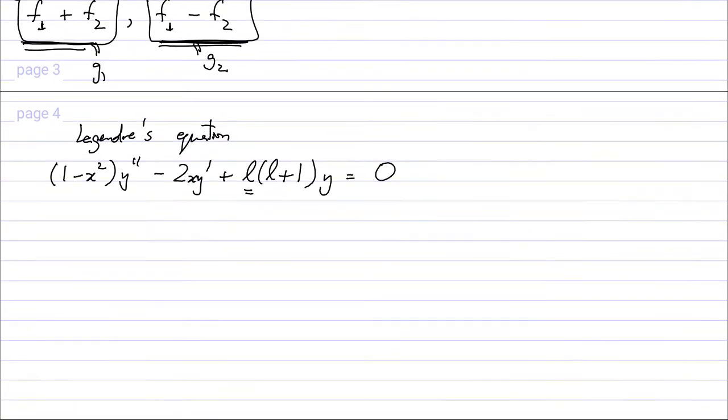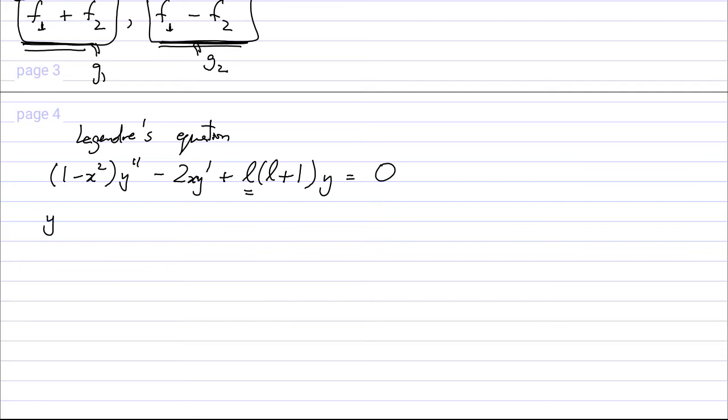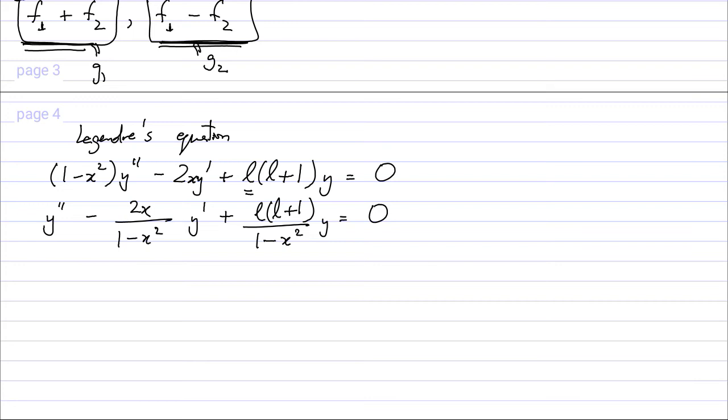Now again we put this into standard form. So we have an ordinary point, x is equal to 0 is an ordinary point, okay. So we write y as a power series about that point.